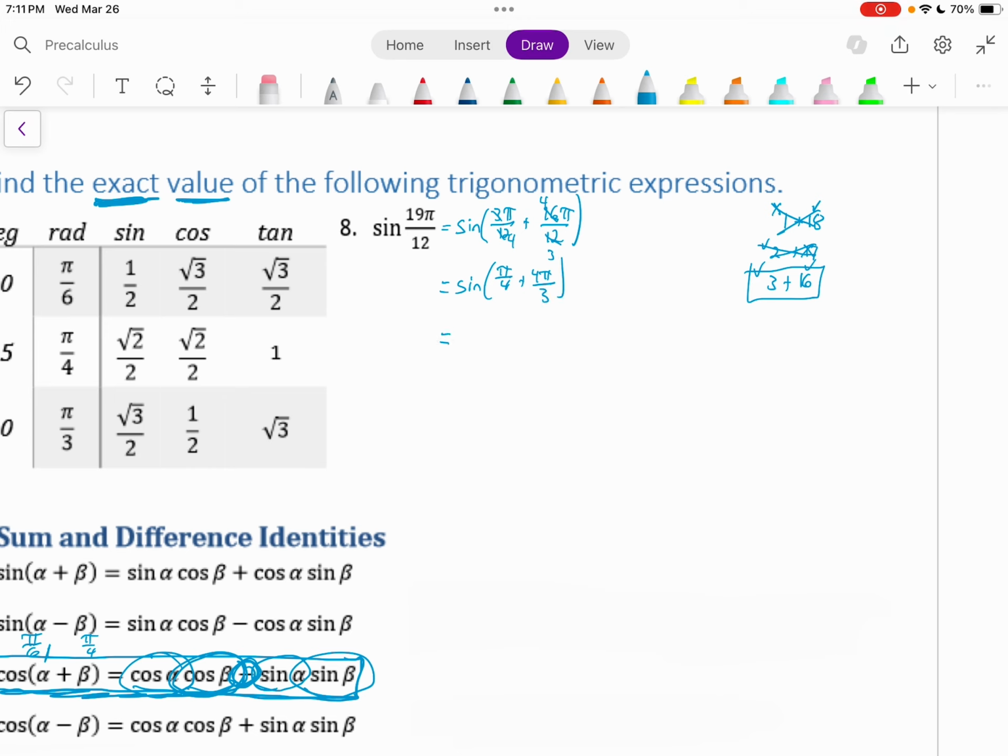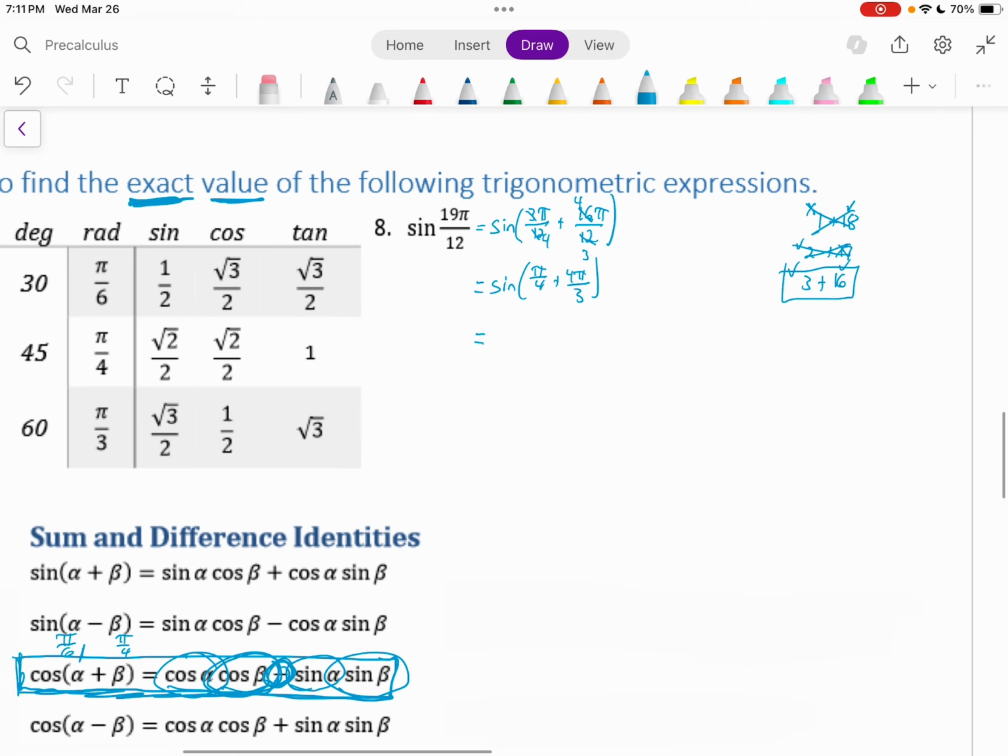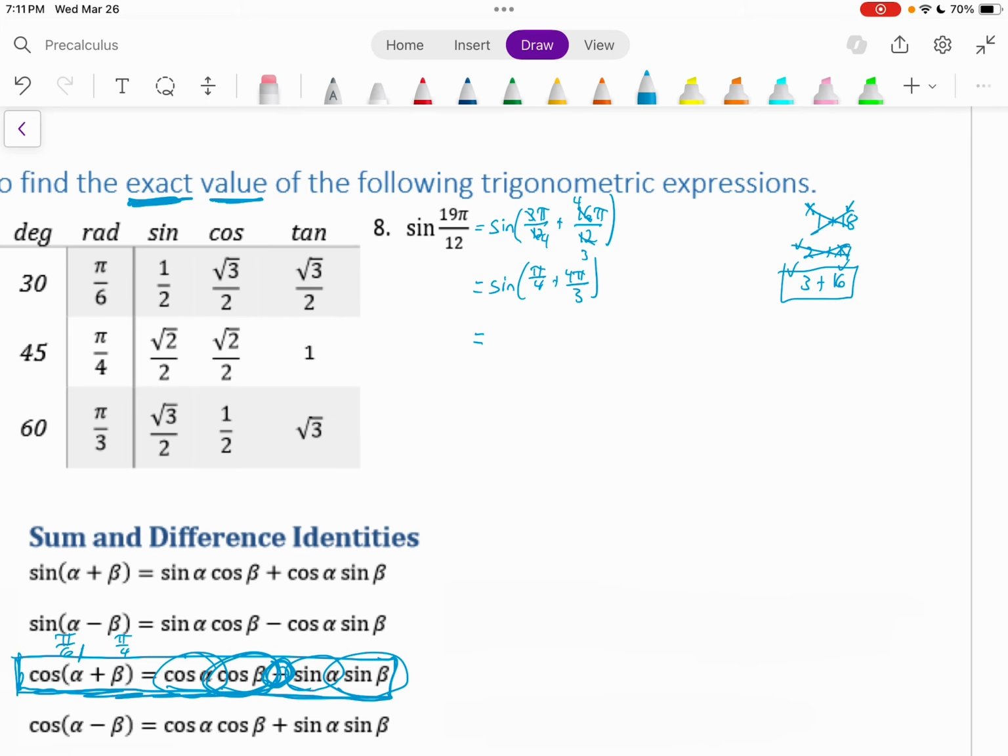Now this is sine, and it is a sum. So let's go ahead and highlight this. We're going to use this one. Alpha is our first one, so alpha is going to be pi over 4, and beta is going to be 4 pi over 3.